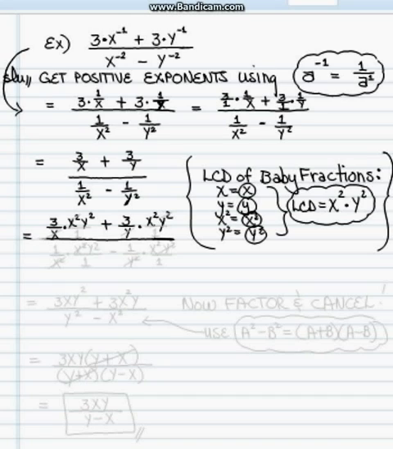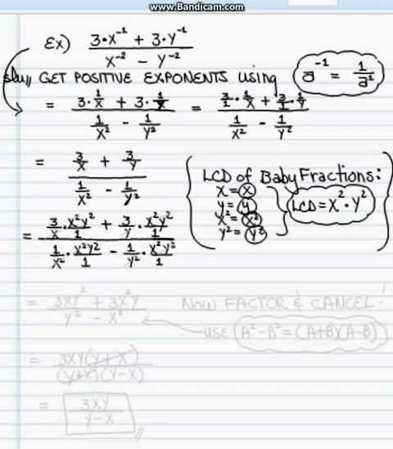Now if you want to, you can imagine x squared y squared is over 1. I don't bother to write it, but I'll go ahead and write it there. It's all over 1 because they're whole numbers. On the bottom, distribute multiplication by the LCD. It's 1 over x squared times x squared y squared over 1. And then the minus sign, 1 over y squared times x squared y squared over 1.